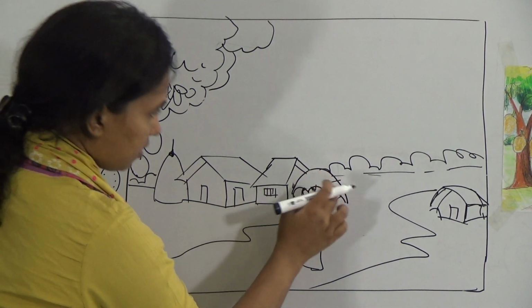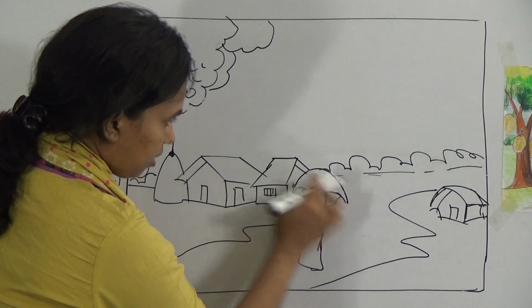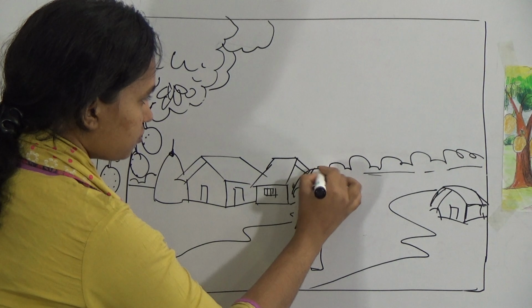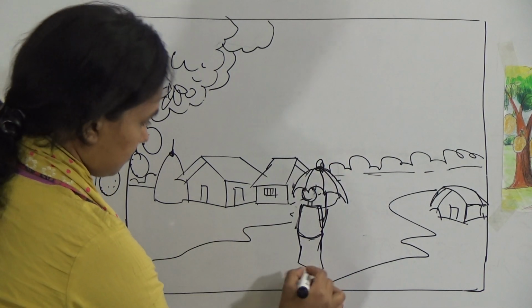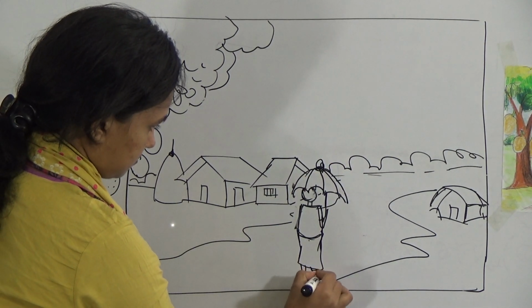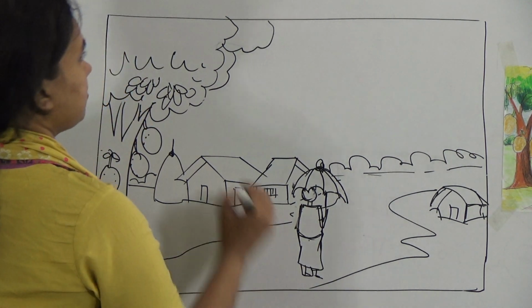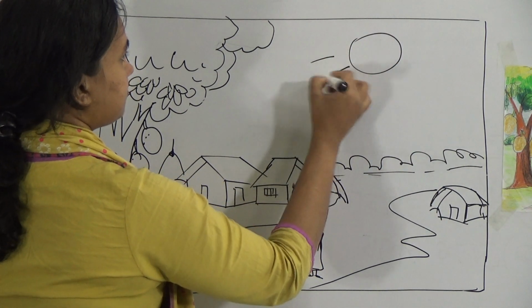For heat protection, the man uses the umbrella. Though here it is mentioned a sunny day, you must draw a sun.